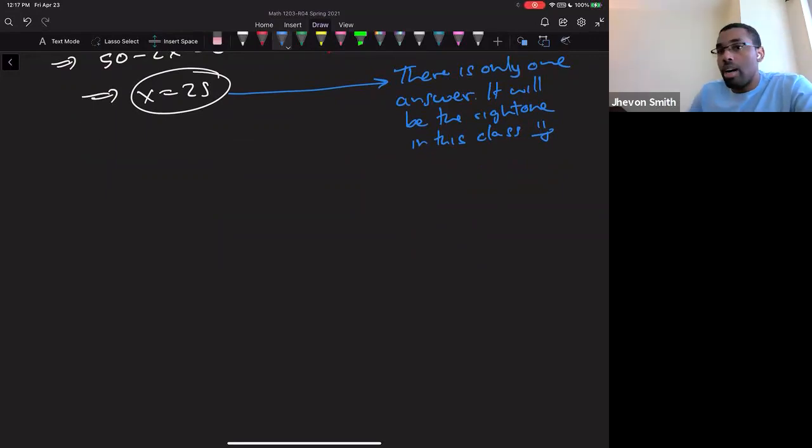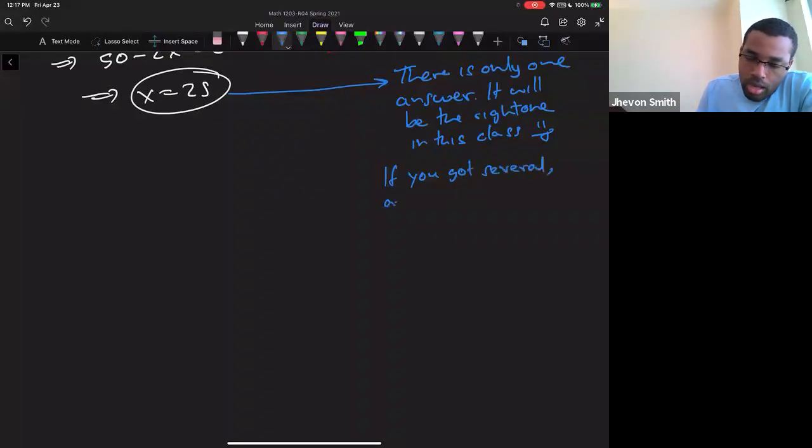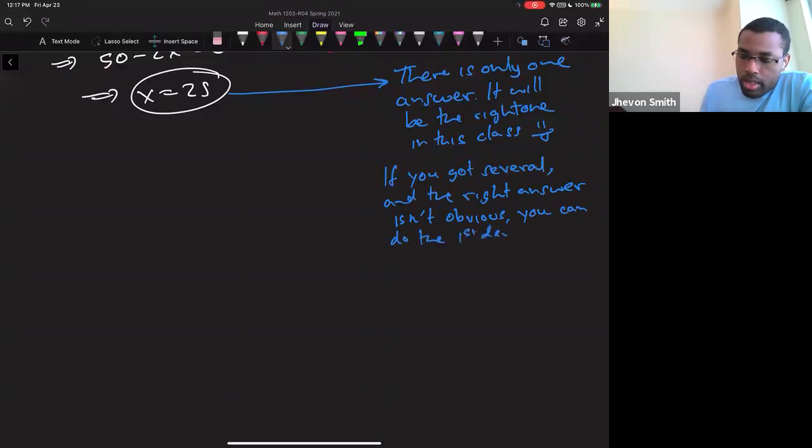However, it's possible that you got several answers, right? This could have been a cubic or something like that. If you got several and the right answer isn't obvious, then go and do the first derivative test.